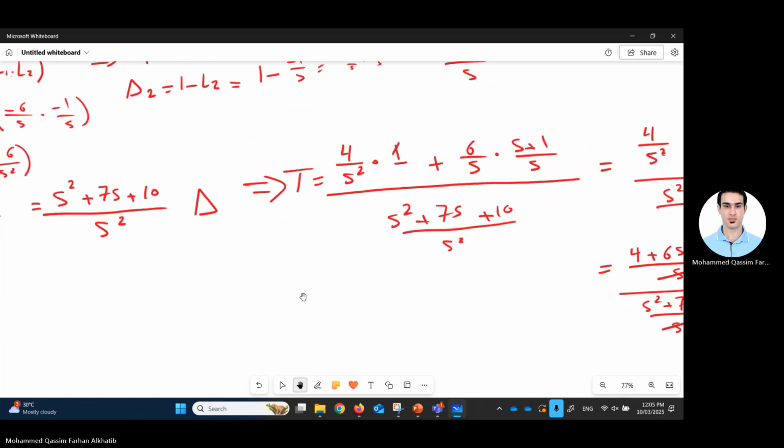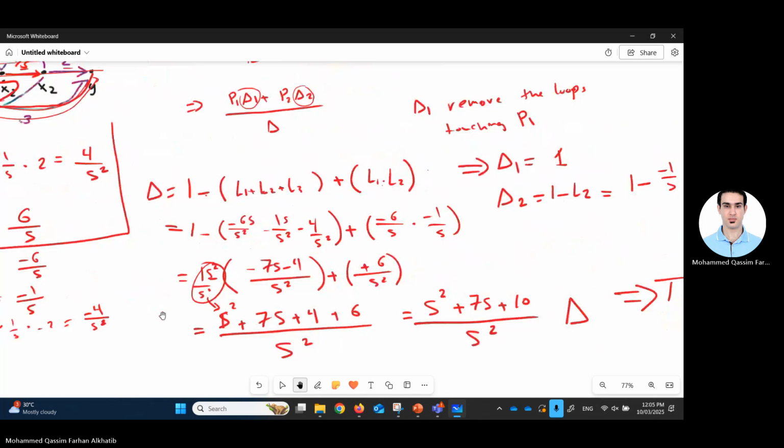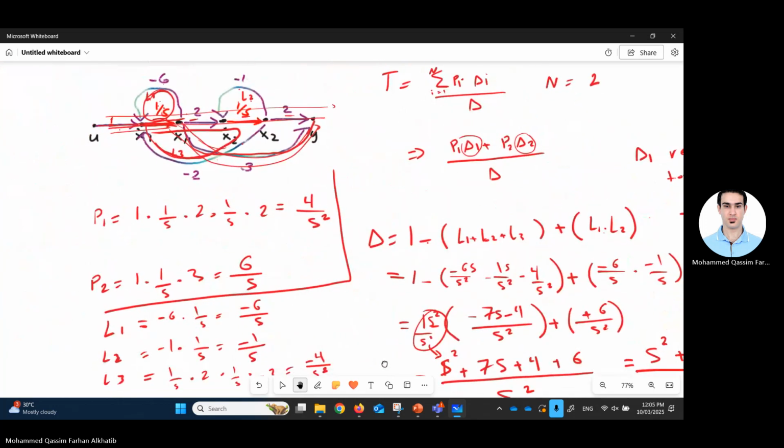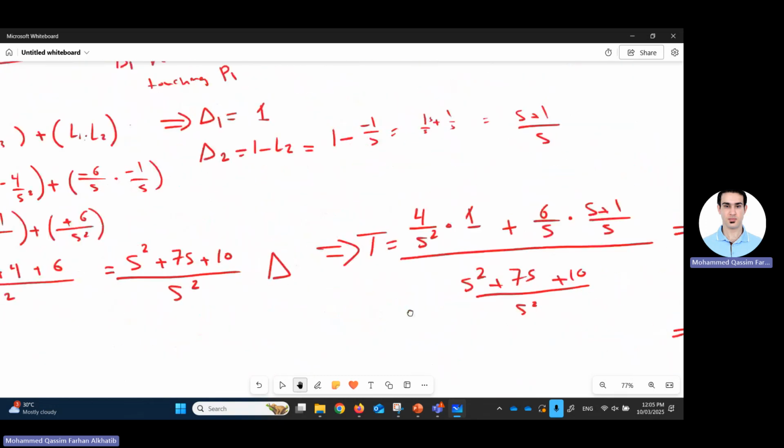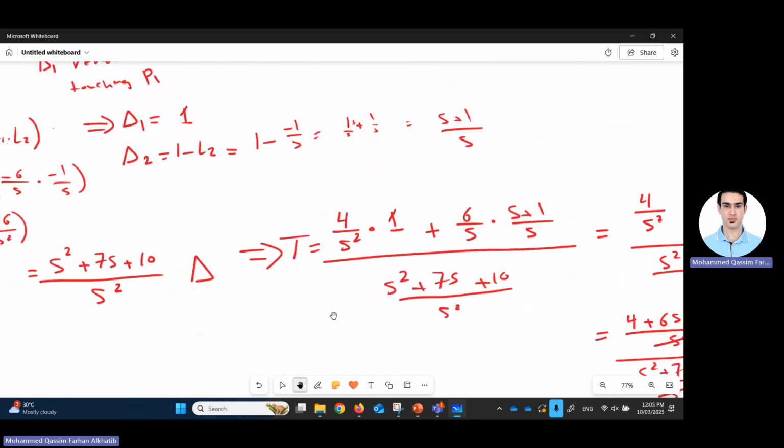Why? Okay, I included this one by mistake. This 2. The path is like that. 1 plus 1 over s plus 3. So that's 3 over s. Oh, yeah, 3. Why did I have 6 here? So that's 3 here. Okay, it will not change a lot actually. So it's only here I have 3.